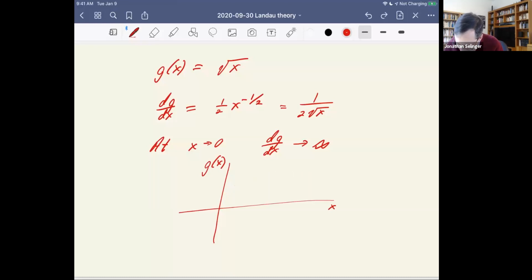It looks like this. It's nice and smooth everywhere except right there, and right there, it has infinite slope. And this infinite slope breaks the assumptions of Landau theory. Okay, thank you. Mm-hmm.